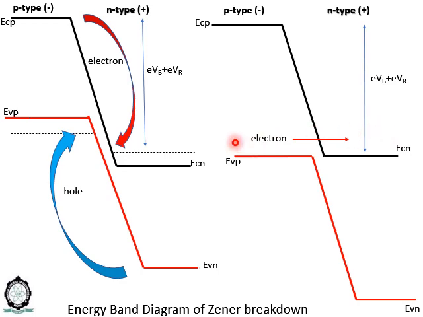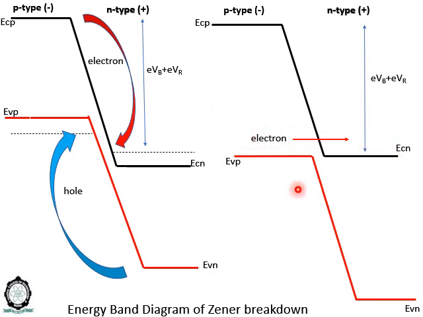So instead of jumping from the valence band to the conduction band, the electrons penetrate the depletion layer and go to the n side, and in this way the reverse current increases.